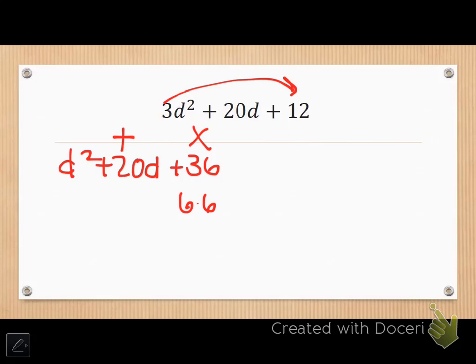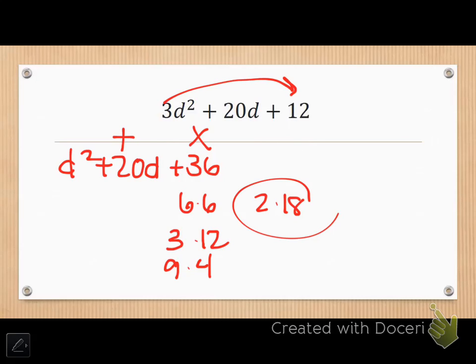We've got 3 times 12. Got 9 times 4. 2 times 18. Oh, that adds to get me 20, so x plus 2 and x plus 18.